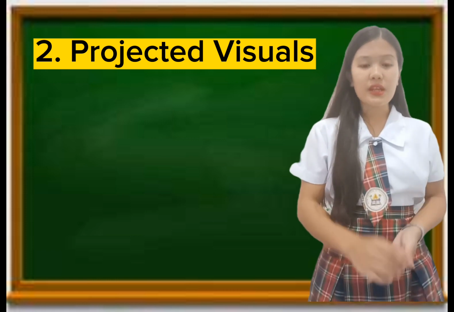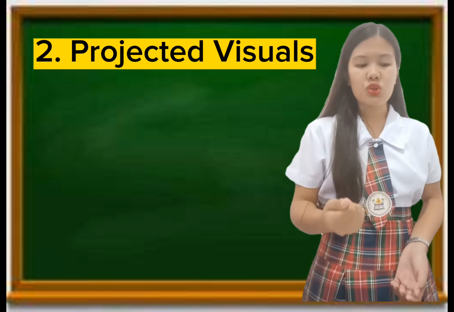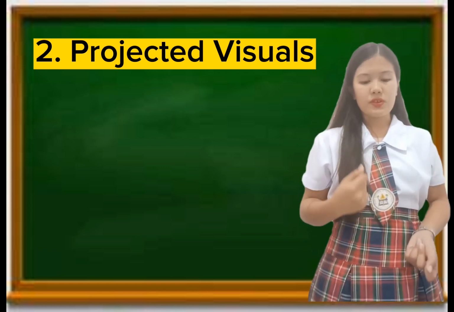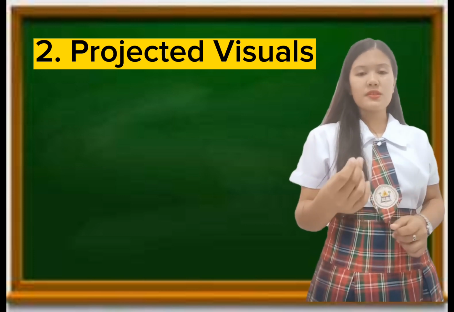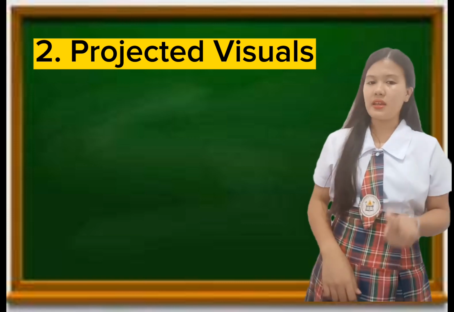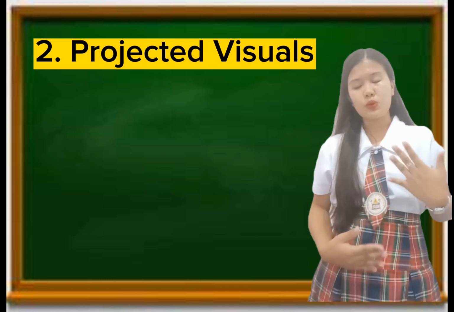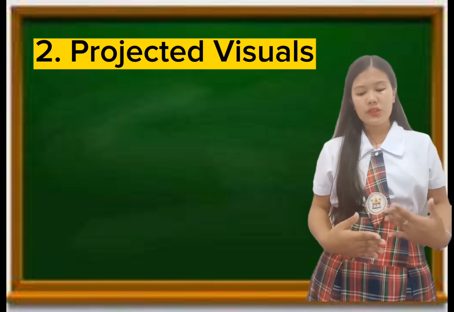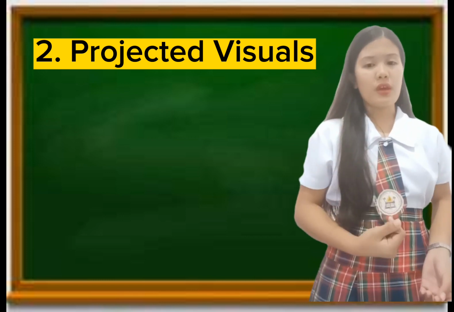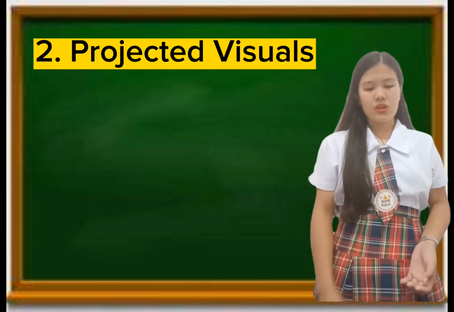Projected visuals are defined as media formats in which still pictures are enlarged and displayed on a screen by use of a certain type of machine such as a filmstrip projector, slide projector, overhead projector, and so on. When teachers provide visuals such as photographs, drawings, charts, graphs, and posters, they need a way to show them, hence the words displayed on a screen.